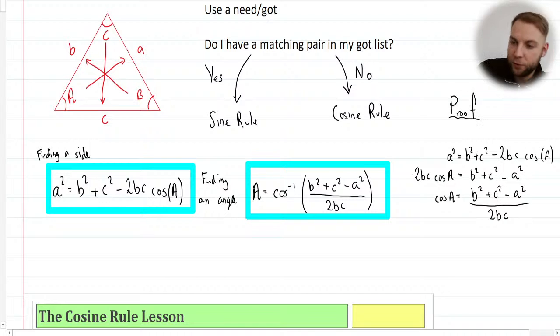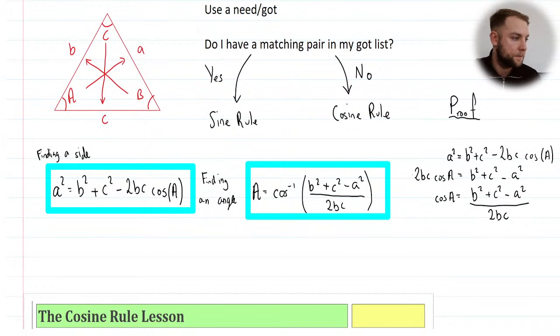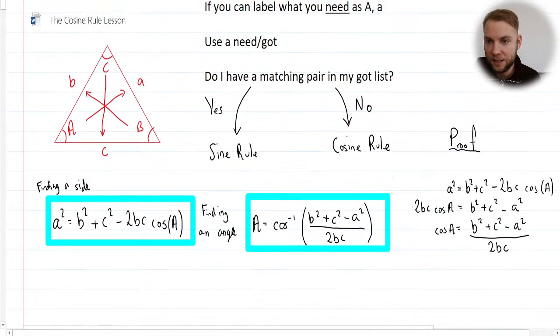The reason I'm going through that proof is because they don't actually give you either of these formulas, okay? You've got to remember them. So I always try and work out what that angle formula is by using the proof. Okay, get all of those down. I'll give you a second to get all of that down.